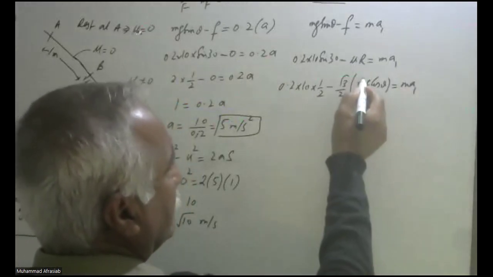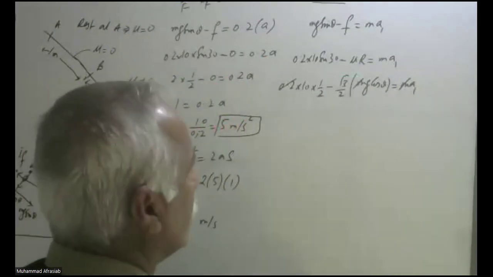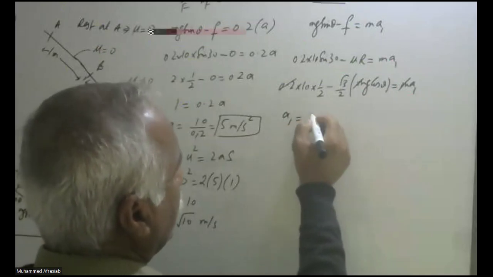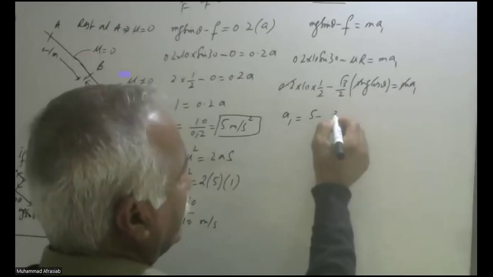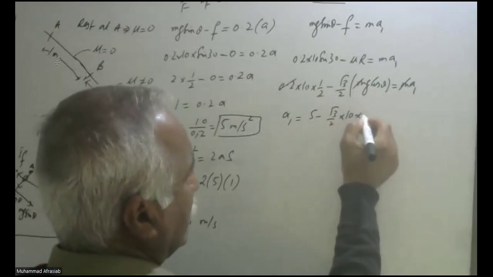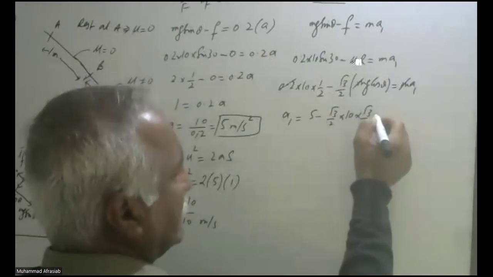So this m, this 0.2, is going to be cancelled out. So a1 is equal to 5 minus root 3 over 2 into 10 into cos 30, which is also equal to root 3 over 2.